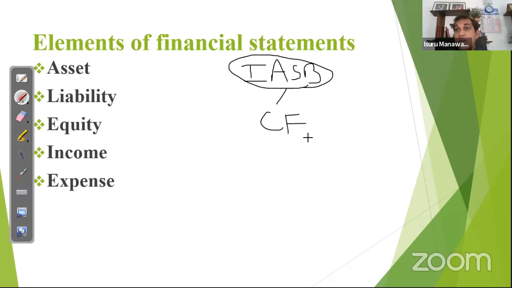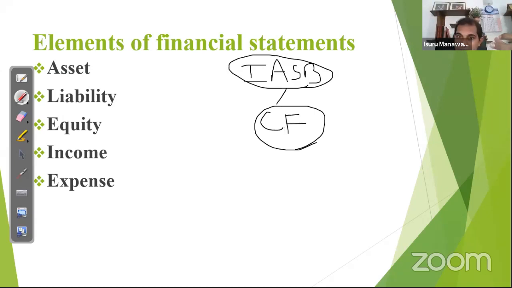Conceptual Framework for financial reporting. IASB stands for International Accounting Standards Board. So that particular organization issued a document that is called Conceptual Framework.